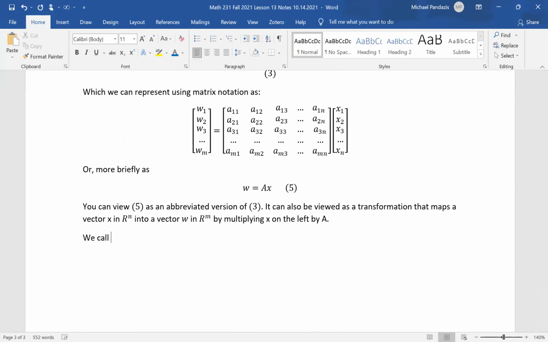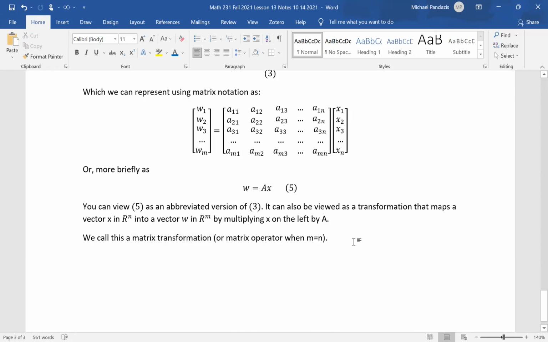Okay, so we call this a matrix transformation, or a matrix operator when m equals n. It's a matrix transformation because it's a transformation obtained by multiplying by a matrix.